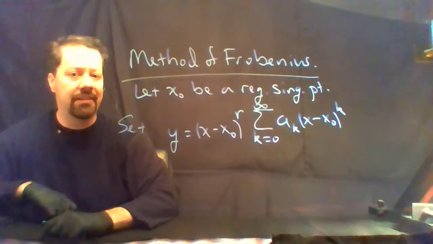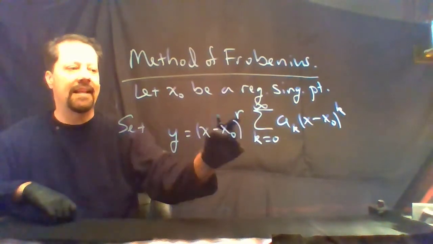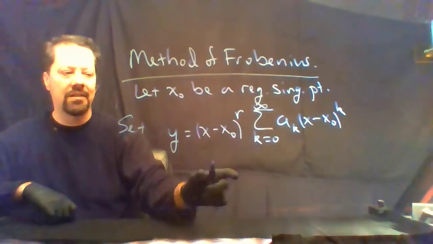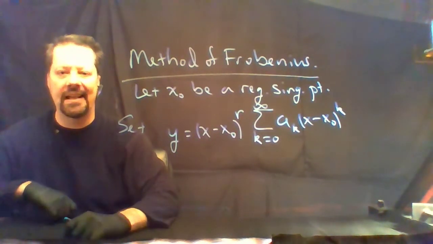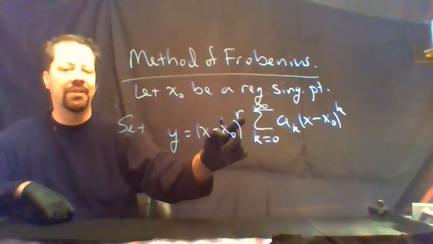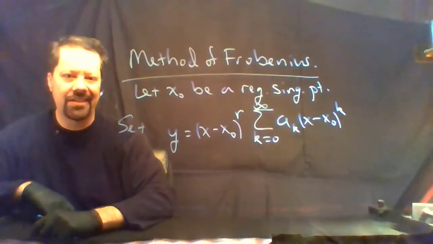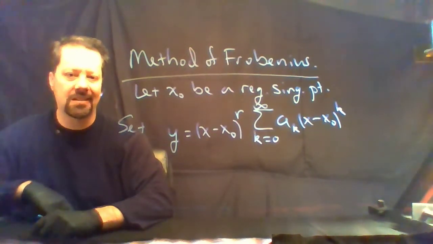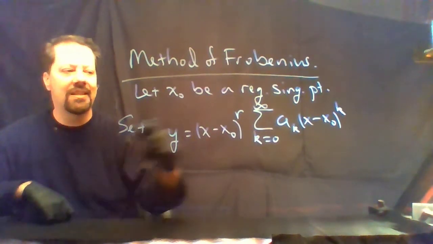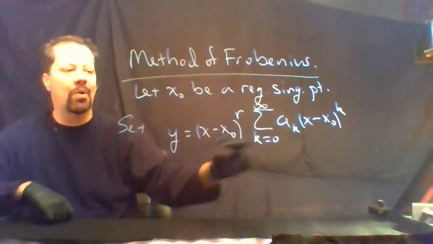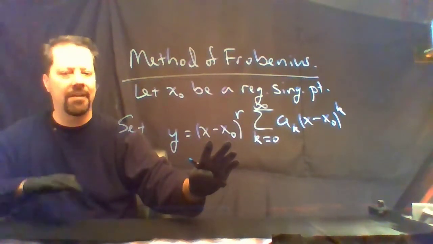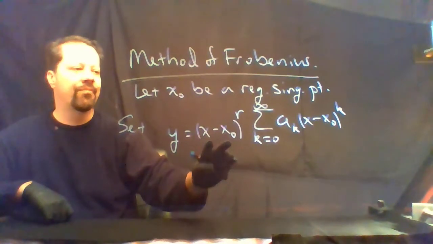It could be negative. It could be negative 1. If this is negative 1, we're going to have a singularity at x naught. If it's equal to 1/2, its derivative might have a singularity at x naught. You can see then that we can introduce problems by putting on these very limited factors.